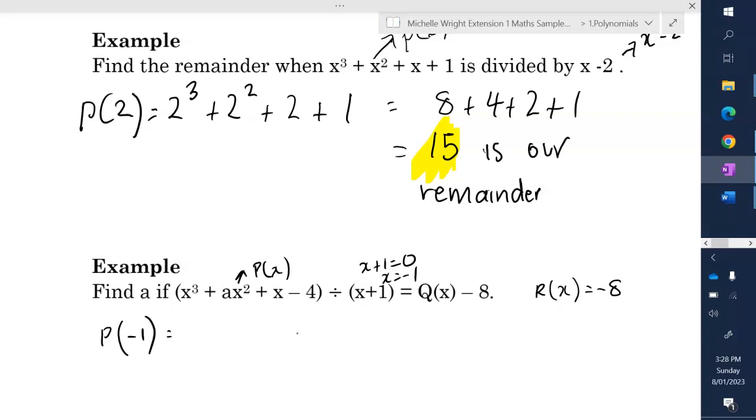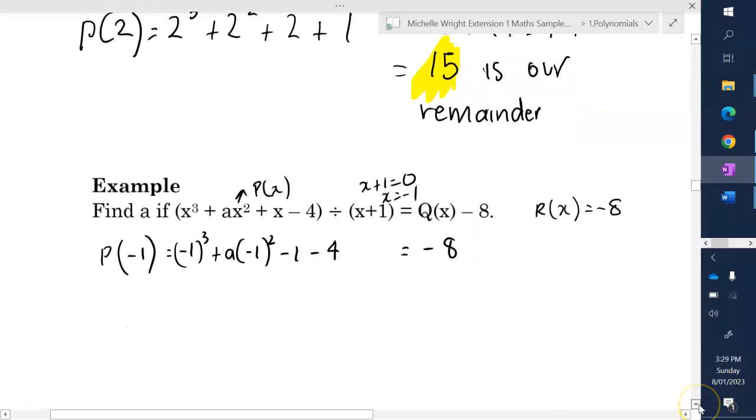If I pop that into my polynomial, I'm going to end up with a remainder of minus 8. So let's pop that in there. Minus 1 cubed into here, plus a lots of minus 1 squared, plus minus 1, which I'll just leave as minus 1, minus 4 is going to equal my minus 8.